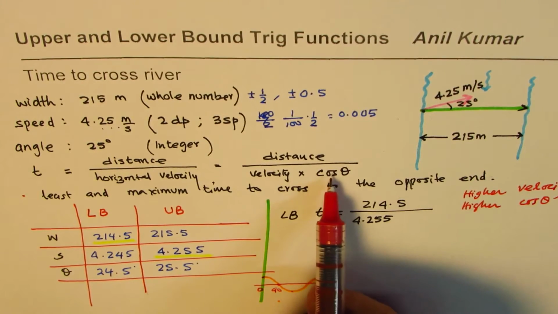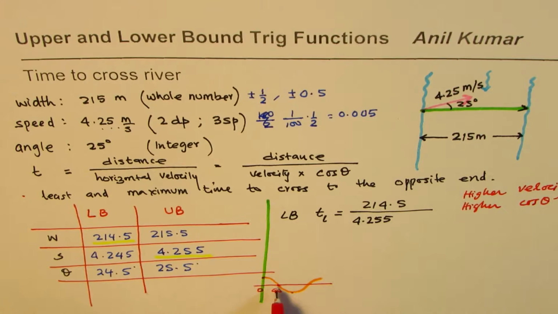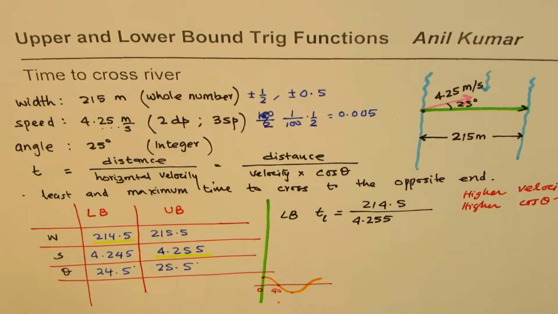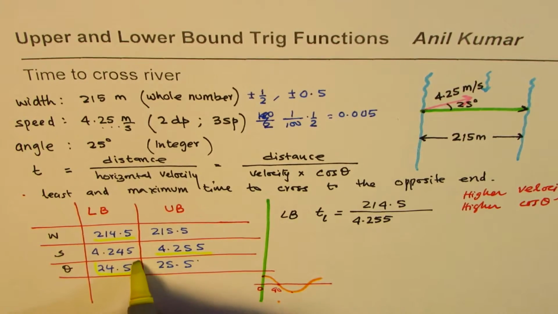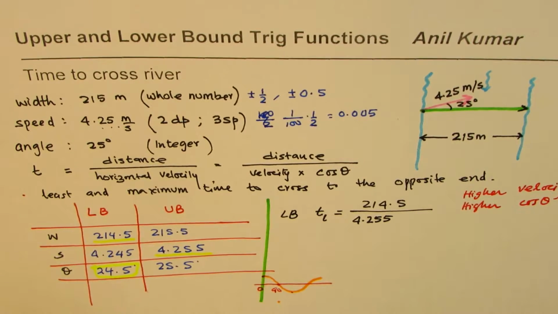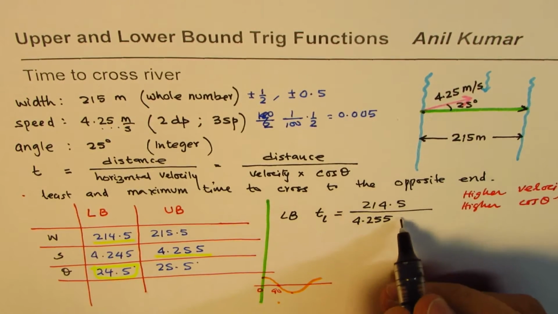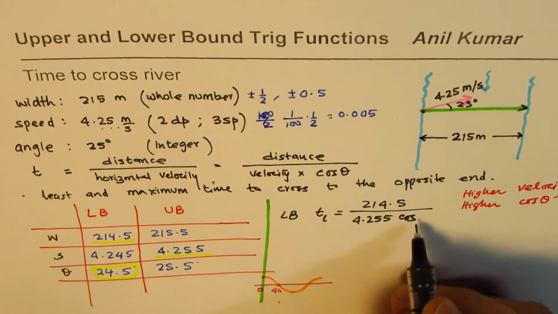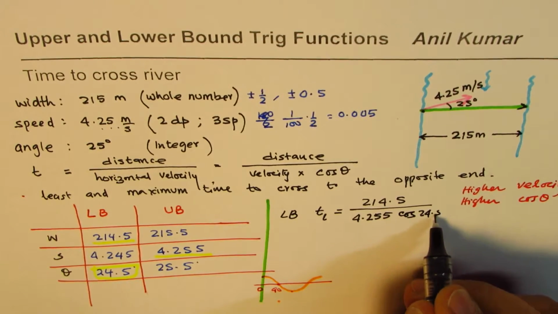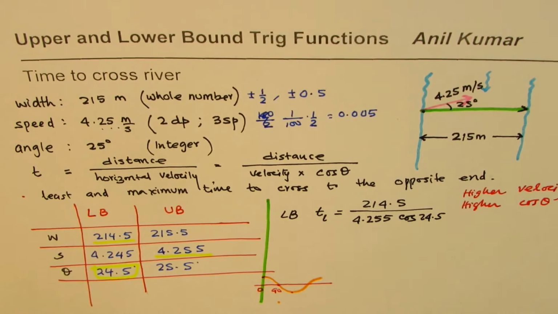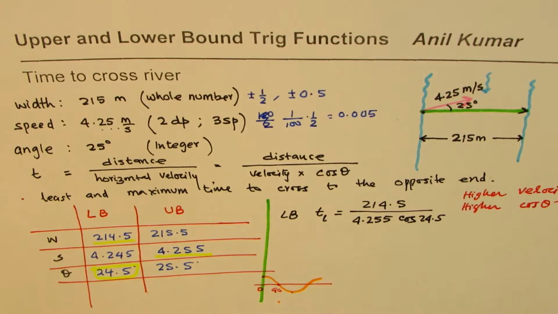So how do you get higher cos theta? You get higher cos theta for a value which is lower. So here we'll use this value for theta, right? So we'll write here cos of 24.5.